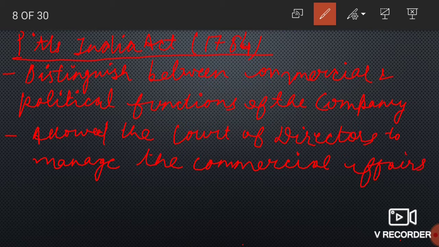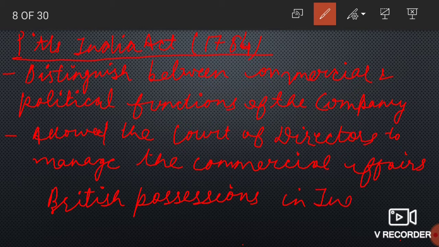Now the territories in India of the Britishers were known as British possessions in India. This was done for the first time, when the territories controlled by the Britishers were known as the British possessions in India.